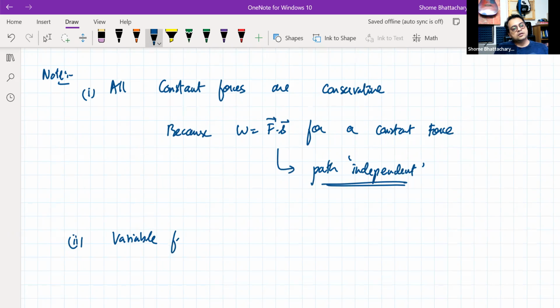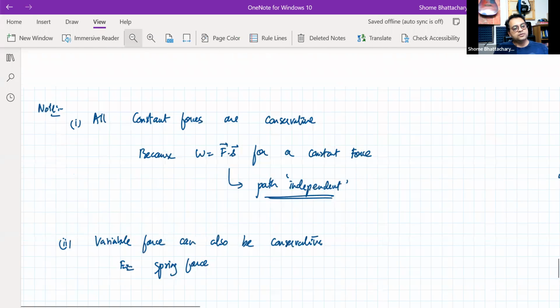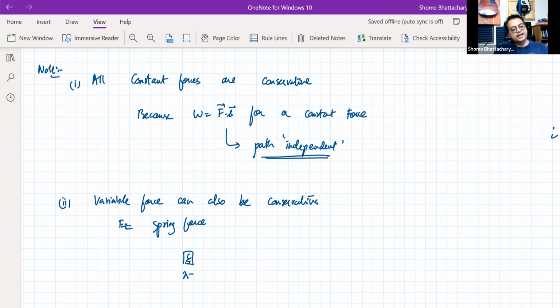Variable forces can also be conservative. Example, spring force. Now we had seen in the last to last lecture that work done by spring force. At x equal to 0, the spring force is 0.